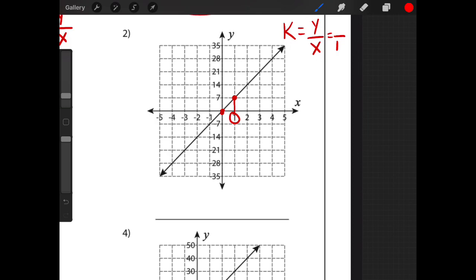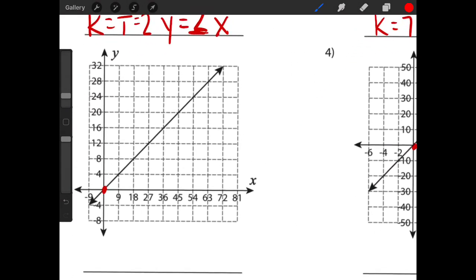Does the line hit a perfect cross section? And in this case, it does. It hits that perfect cross section right here. So my y is 7. So I put 7 over 1. My constant is 7. My equation is y equals 7x. I can double check this by plugging 2 in for x. 7 times 2 is 14.